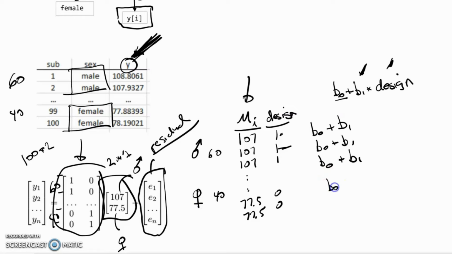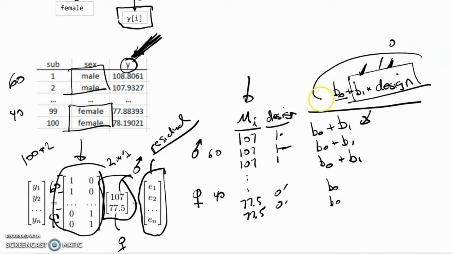Again, you start off with B0, and you add to it B1 multiplied by design. But because design in all of these cases is 0, B1 times design is also going to be 0, so you're just left with B0. So these are the values of B0 plus B1 times design.